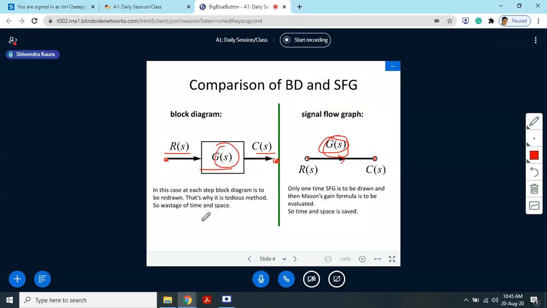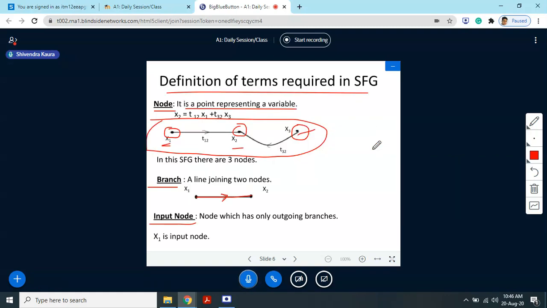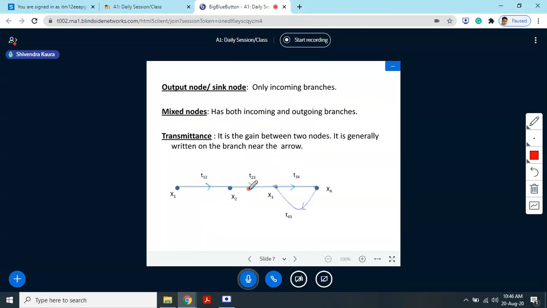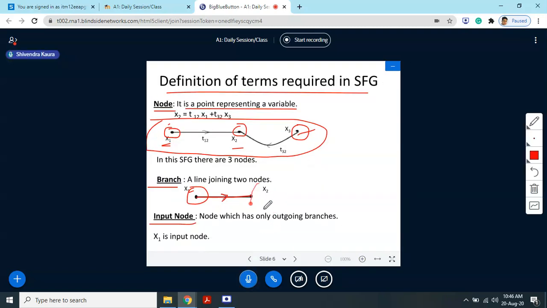Let's see in this example. R(s) is the input node, and C(s) is the output node. In this case, x1 is the input node, and one is the output node. Similarly, in this case, your output node will be x2.